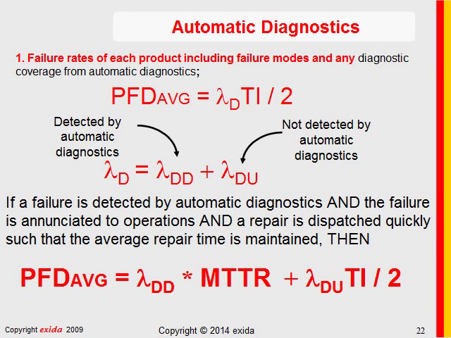How do we account for automatic diagnostics in a product? Imagine that you have a high-class, safety-rated pressure transmitter. And this pressure transmitter has excellent automatic self-diagnostics. And the pressure transmitter sends the current level to an out-of-range condition. And the logic solver is programmed to recognize 20.8 or whatever the number is, I think it's more like 21 milliamps, as a detected failure.